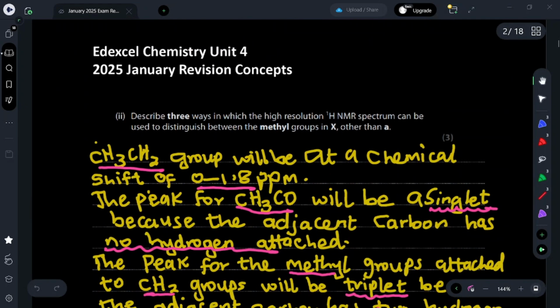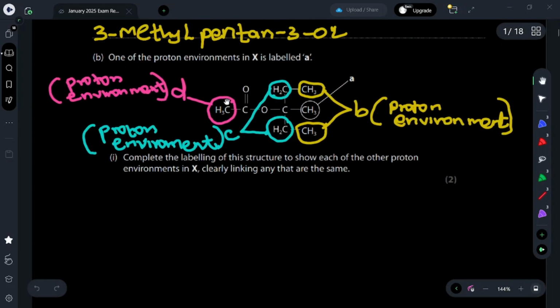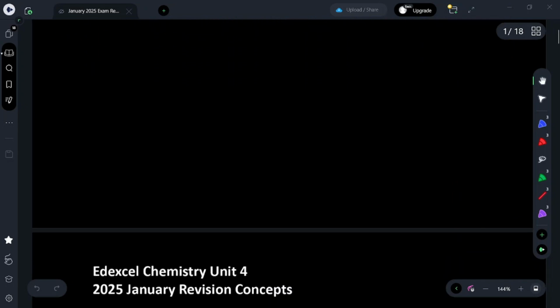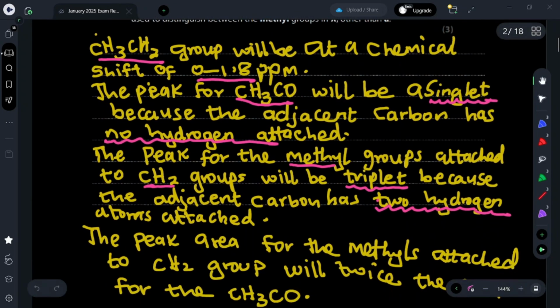Which other difference do we expect for the peak? The peak for CH3CO will be a singlet. That is what we have just said, because the adjacent carbon has no hydrogen. Let's see that. This CH3 is bonded to the carbon that has no hydrogen. So this proton environment will have a peak, which is going to be a singlet, like we have stated, because the adjacent carbon has no hydrogen.